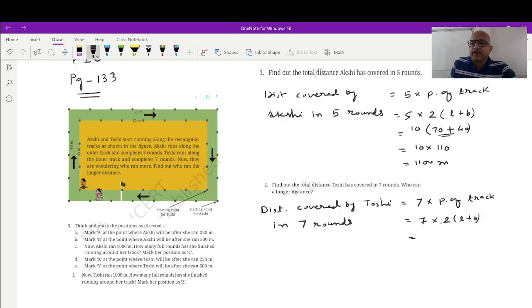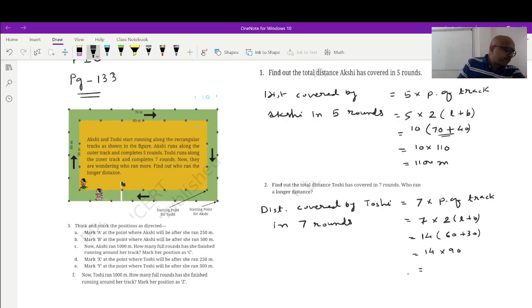So can we multiply this? 7 twos are 14. What is the length? That is 60 and breadth is 30. So we will solve the bracket first. 60 plus 30, 90.